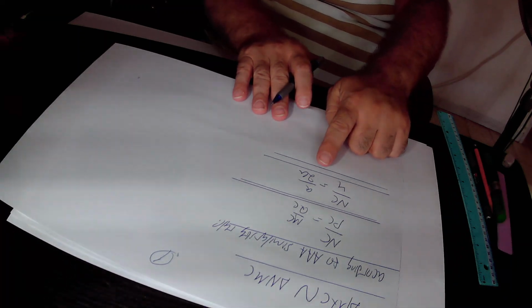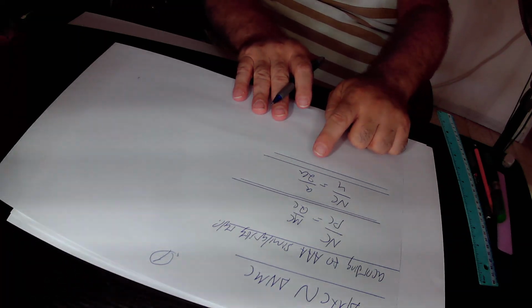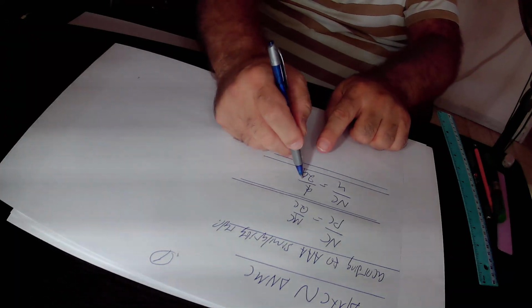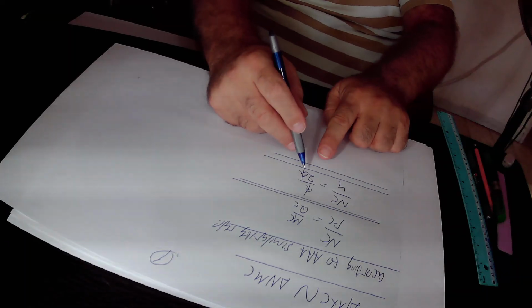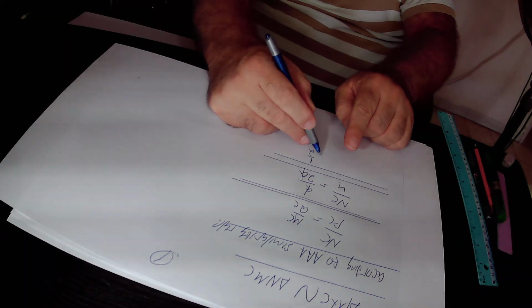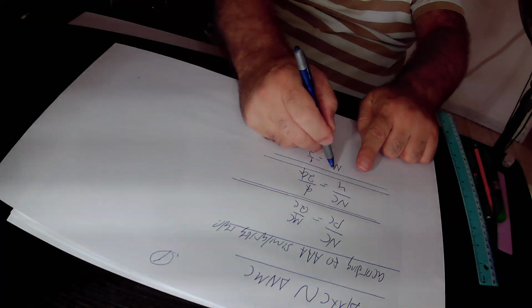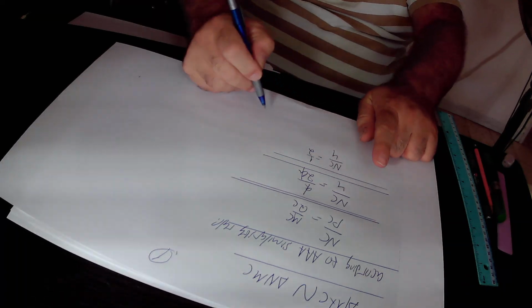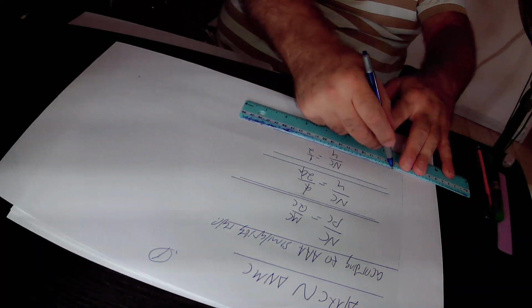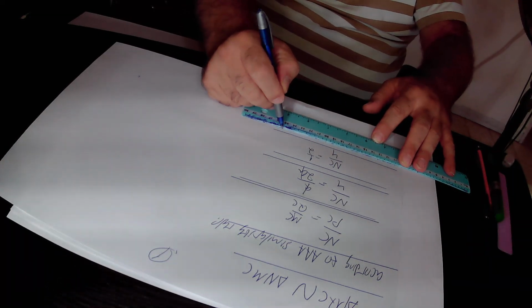Here we have A in the numerator and A in the denominator, so A will get cancelled. After cancelling A, on this side of the equation we are left only with 1/2. So NC over 4 equals 1/2. Here we will multiply this equation by 4.